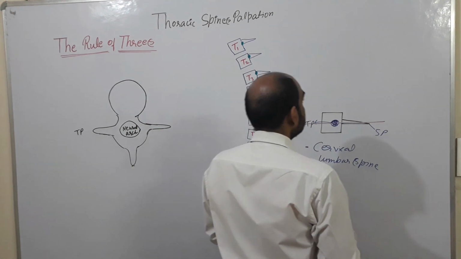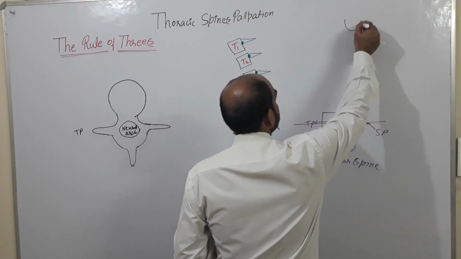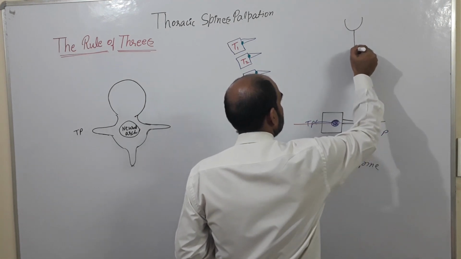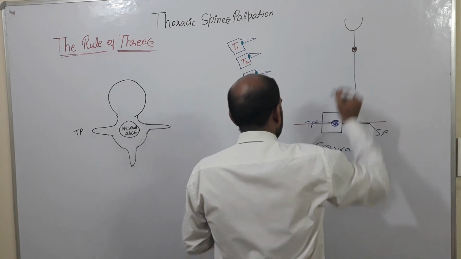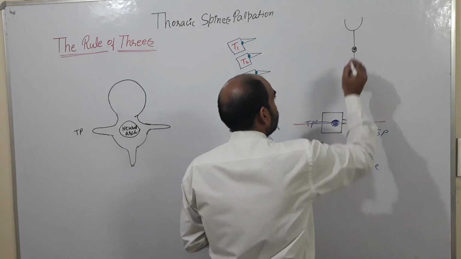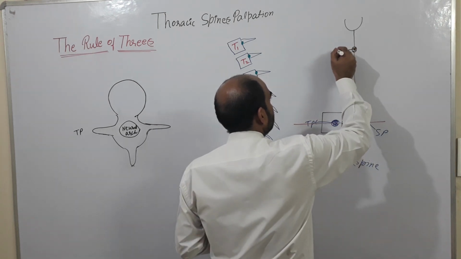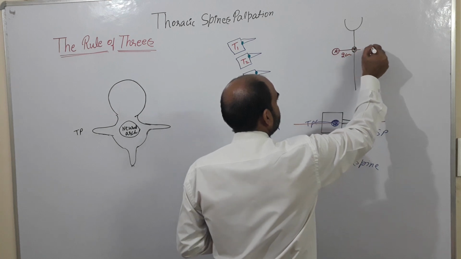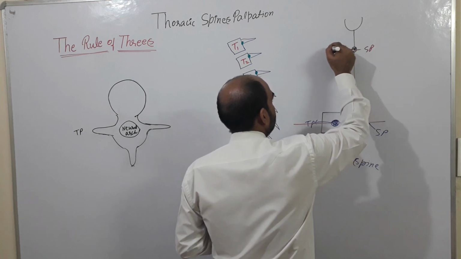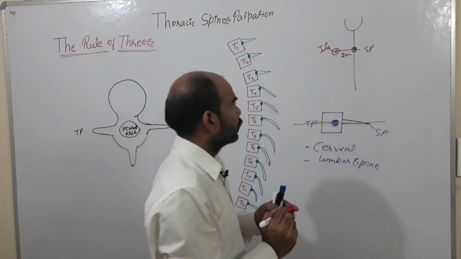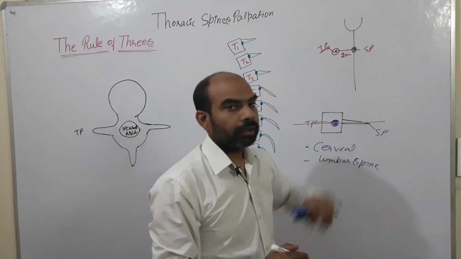Like from the posterior view, in the cervical, suppose this is a spinous process and around 2 centimeters lateral on the same level we are on the transverse process of the same vertebra.